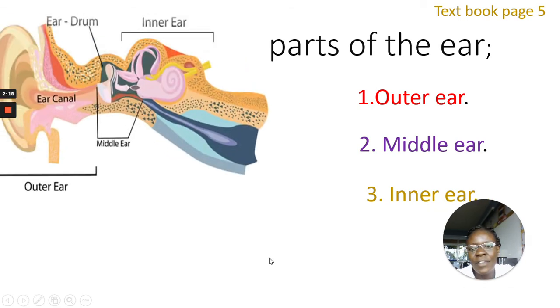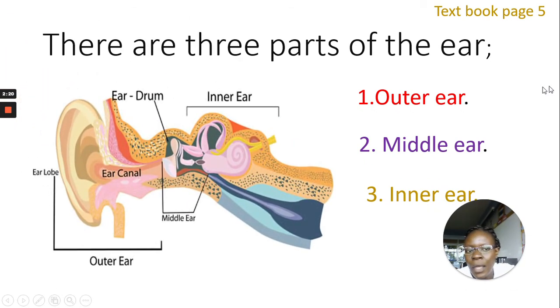We have the outer ear, middle ear, and the inner ear. So number 1 is the outer ear. This one here is the outer ear, which has the earlobe and the ear canal, okay? This all inside here, we call it the ear canal.